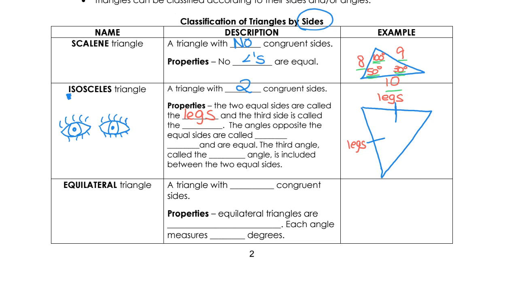The third side is actually called the base, and the base word can get misleading because the base doesn't always necessarily have to go on the bottom, because if you think about it, I could turn this triangle whichever way I want. The base could be up in the air, but the third side is called the base. The angles opposite the equal sides are called base angles.